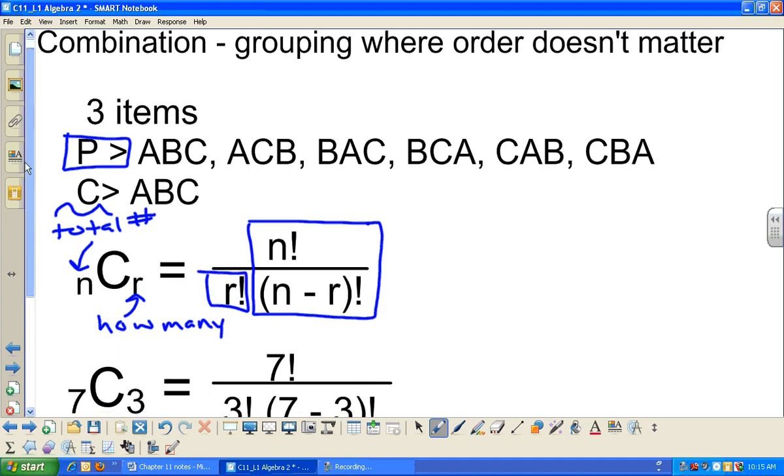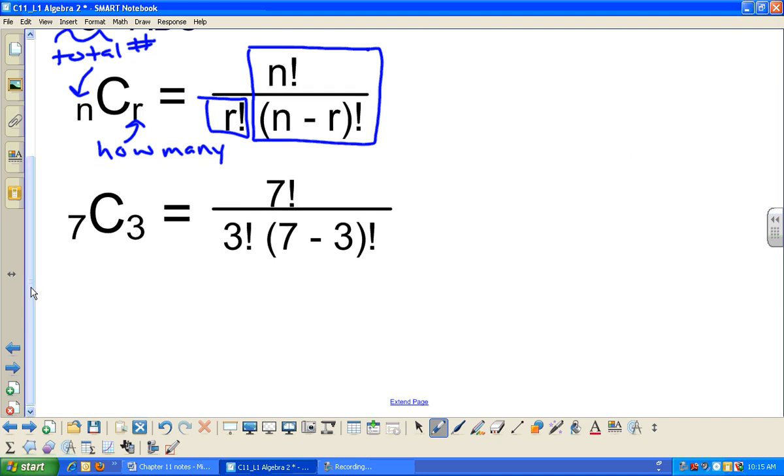So if we have 7 choose 3 here, this would be if I have 7 people, I'm choosing 3 people to go to the gym. It doesn't matter how I choose those 3, because those are the only 3 that are going. It'd be 7 factorial over 3 factorial, 7 minus 3 factorial. So if I write this whole thing out, 7, 6.